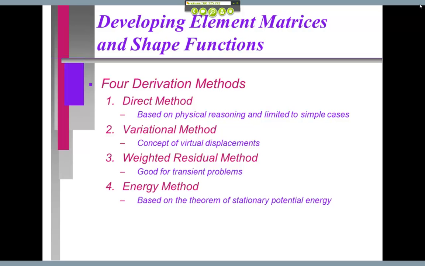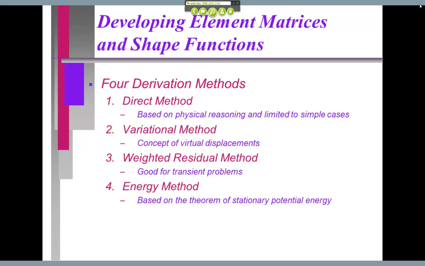It's fairly straightforward, based on physical reasoning and things like that. The next 3, the variational, the weighted residual, and the energy method, are the basis for modern finite element solvers.